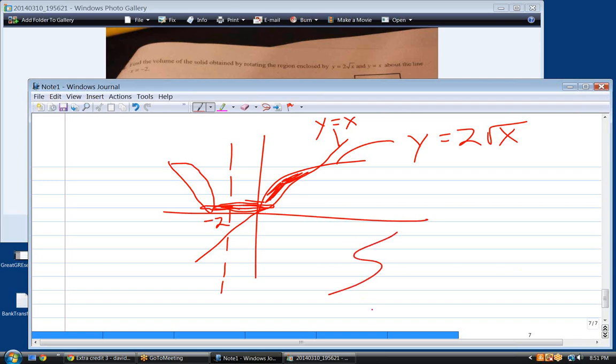So we're going to integrate from zero to there along the y-axis. Well, where are these two equal? Let's first of all write it as a function of y. In other words, over here we have x equals y squared over 4.